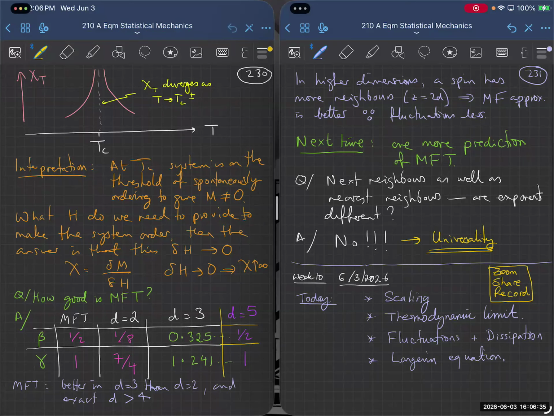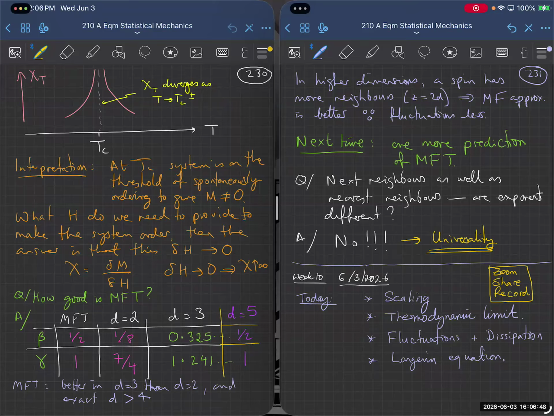And then we ended the lecture by comparing these two calculations with the exact results in 2 dimensions due to Onsager, and numerical and renormalization group results in higher dimensions. On the left-hand side, we saw that beta, the exponent that tells you how the magnetization varies just below the critical temperature, grows with a square root power law. And we saw that the susceptibility diverges with a 1 over T minus TC power law.